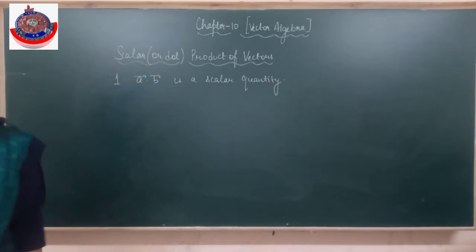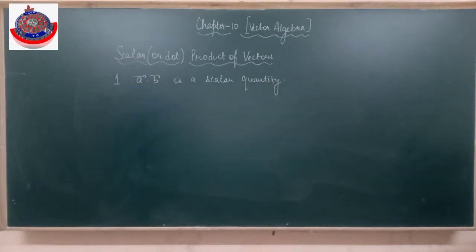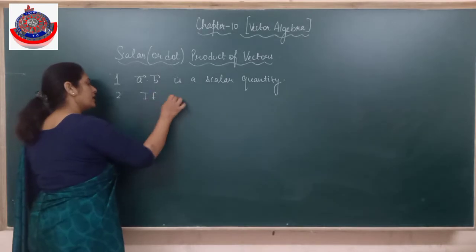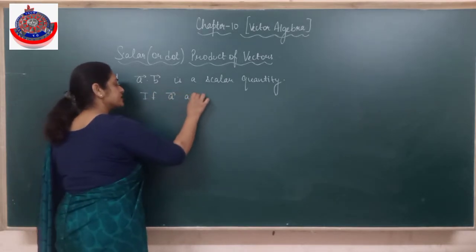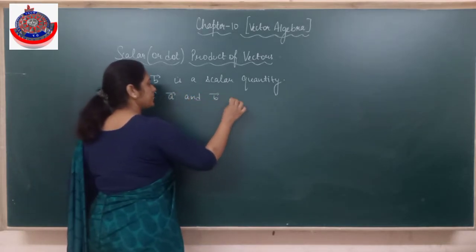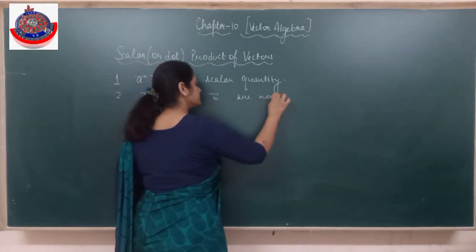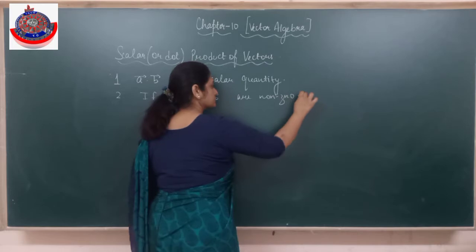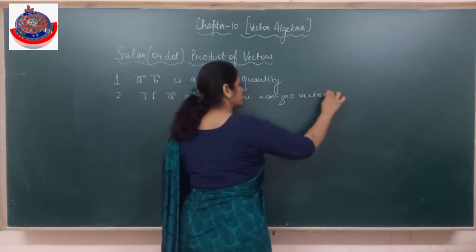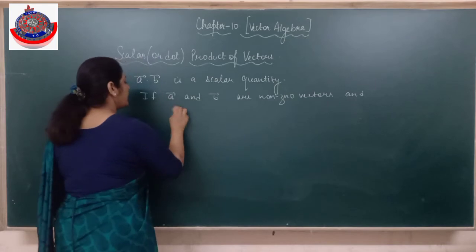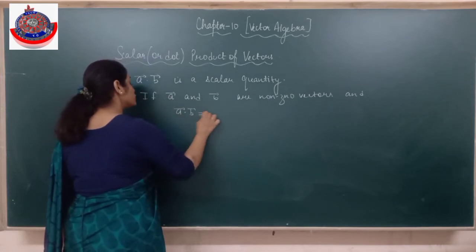Now, if vector A and vector B are non-zero vectors, and A vector dot B vector is equal to 0.